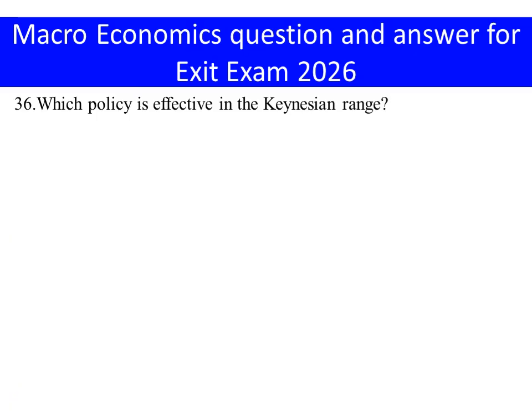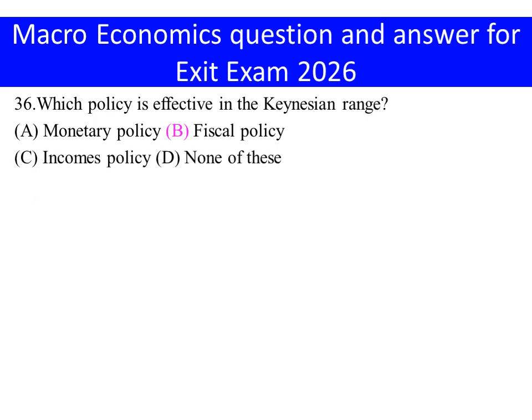36. Which policy is effective in the Keynesian range? Monetary policy, B, fiscal policy, C, income policy, D, none of the above. As you know, the solution to the Great Depression, according to the Keynesian view, is government. That is, government should intervene.